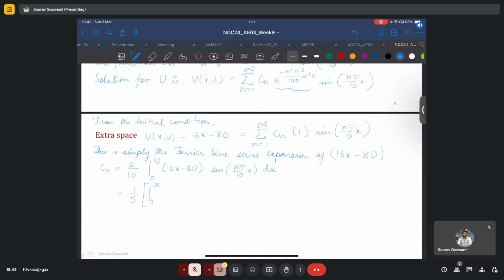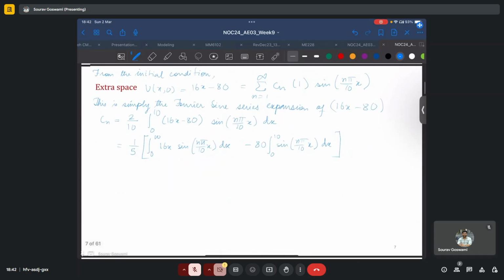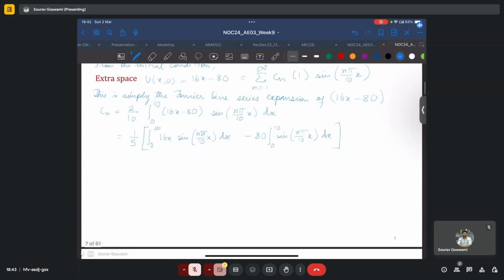We can actually break it up into two integrals: 16x sine n pi by 10 x dx, and the second term minus 80 integral 0 to 10 sine n pi by 10 x dx. And this consists of integration by parts for the first term, and for the second term it is just a single integral.